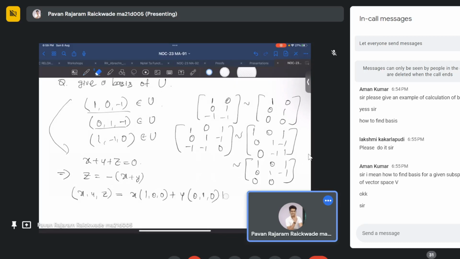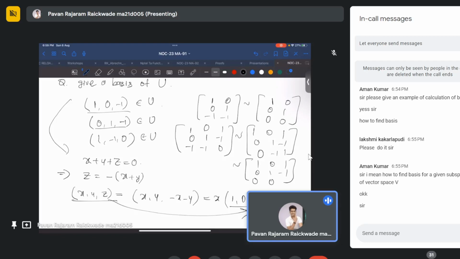Oh no, wait. I'll write x, y, and z as x, y, and minus x minus y. That means this is x times 1, 0, minus 1 plus y times 0, 1, minus 1. For any vector x, y, z, you can represent it this way. That means these are a spanning set.